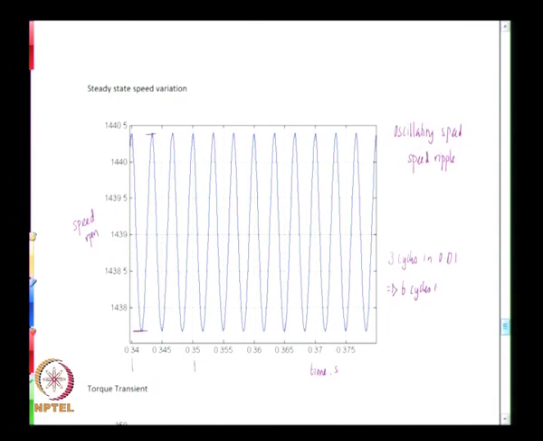That means in one cycle of the mains waveform there are 6 cycles of the speed ripple, which means what we have is a 6th harmonic ripple in speed.